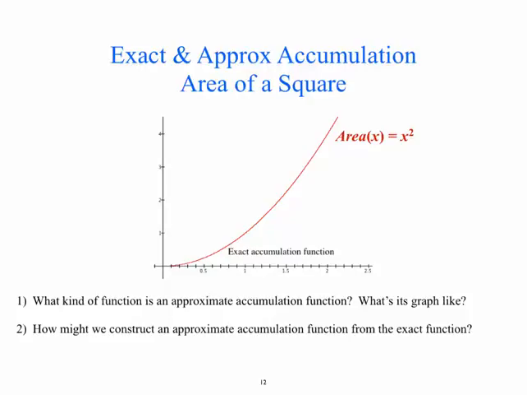You read about this, and we had a Top Hat question about this. Is it horizontal steps? No. Someone says piecewise. Piecewise linear. And how do we construct it from the exact accumulation function? What did we say?